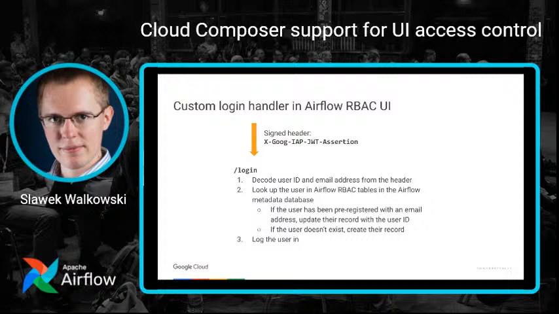Or if the user doesn't exist at all, then the user record is created. So this is this auto registration to Airflow RBAC that is happening. So at this point, the user exists, so we can log the user in.